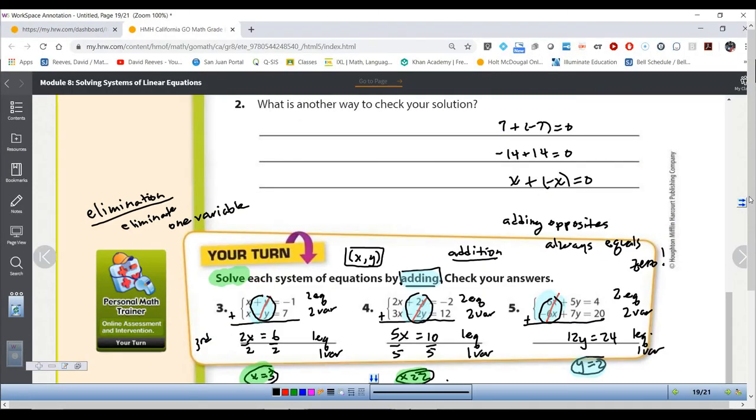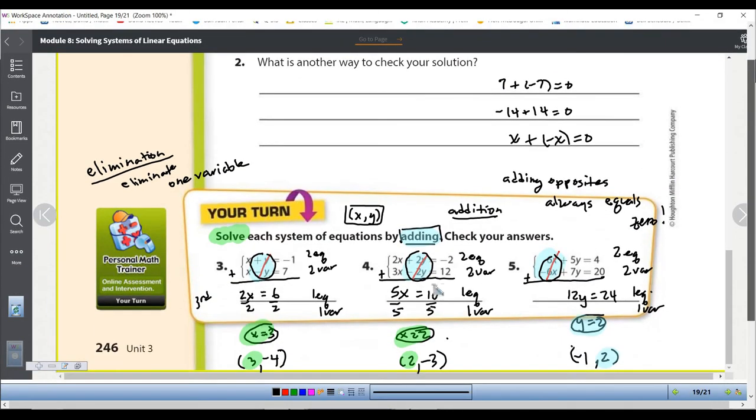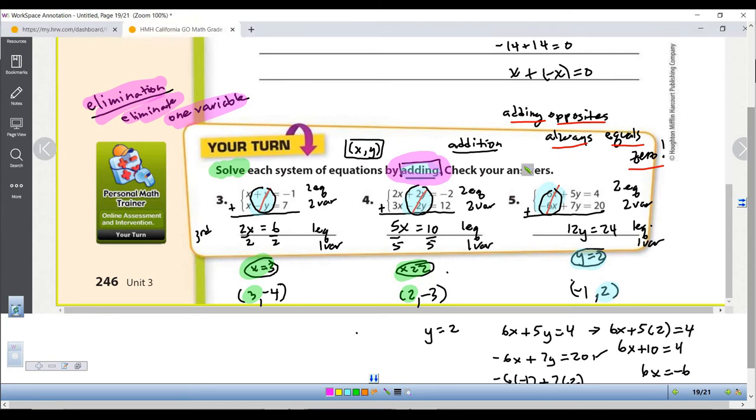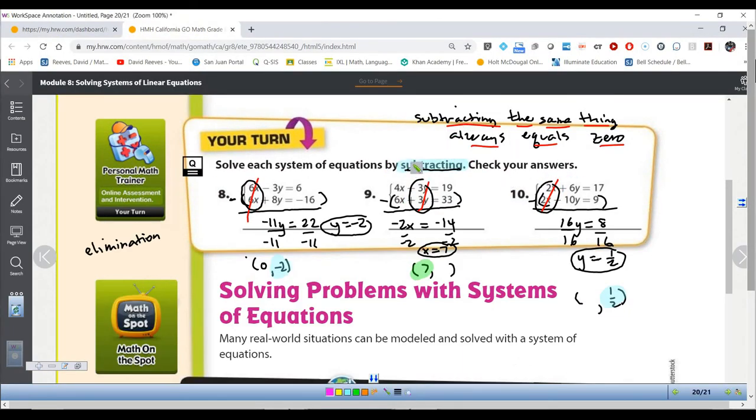When we see two terms that are opposites, we're going to add, because adding opposites always equals 0. So again, this method is called elimination because it eliminates one variable. It eliminates it either using addition when the terms are opposite, or subtraction when the terms are the same.